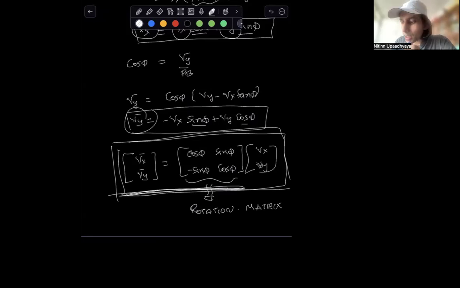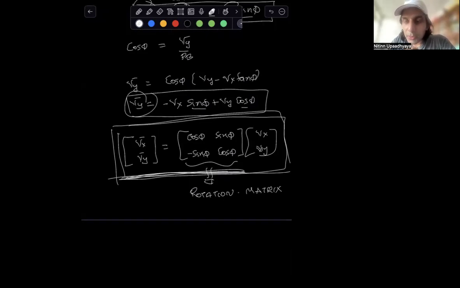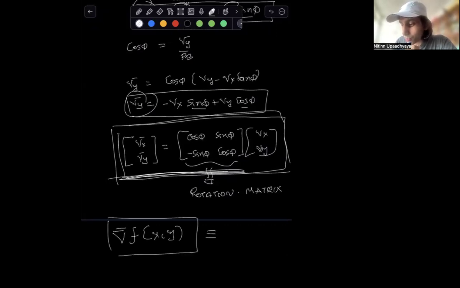So as a quick exercise before you watch the next video, try and think of a scalar function of two variables, and take its gradient and check whether this thing, which we called a new vector, the gradient vector, satisfies the same kind of transformation as what we just derived.